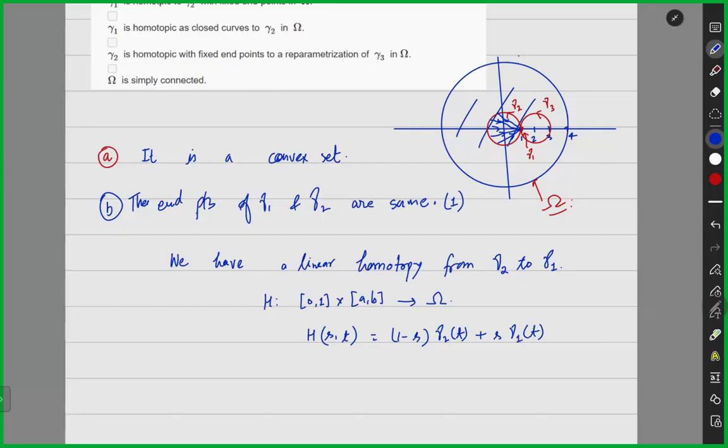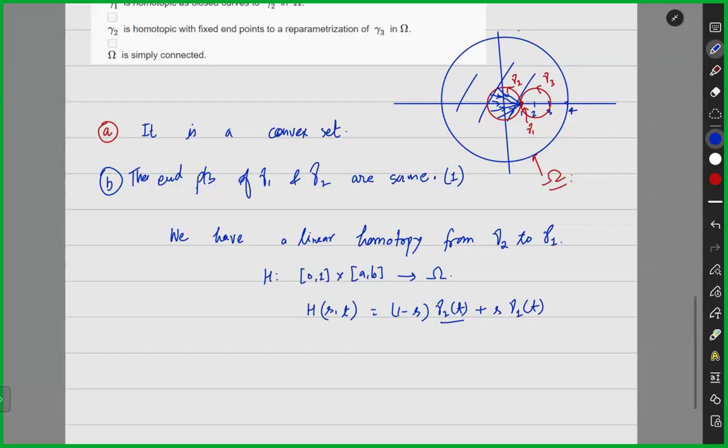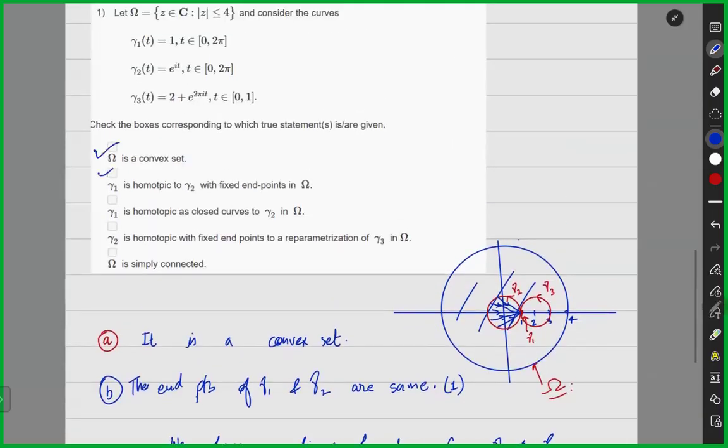This homotopy works, okay? Because at s equal to 0, what you have is gamma 2 of t, and at s equal to 1, this part becomes 0 and you have gamma 1 of t, which is 1, right? So this way you can define the homotopy, and the second option is correct.